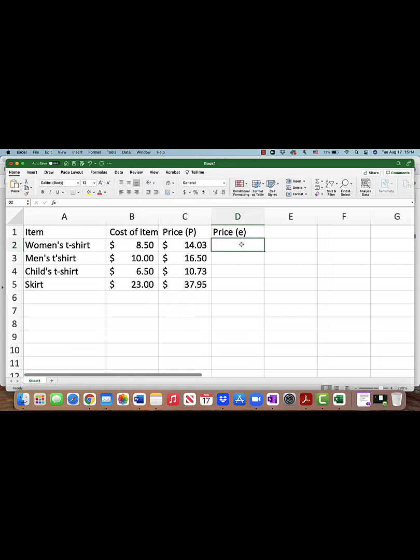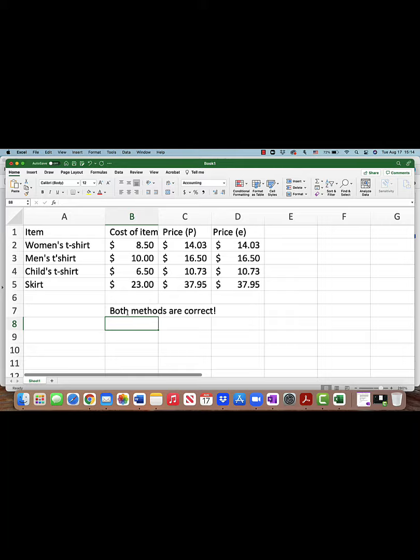So we're going to go ahead and use his method, which is taking the cost of the item and multiplying it by 1.65. And it appears that we're getting exactly the same numbers. So both methods are correct. All right, which is useful.